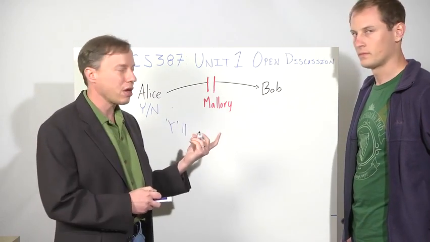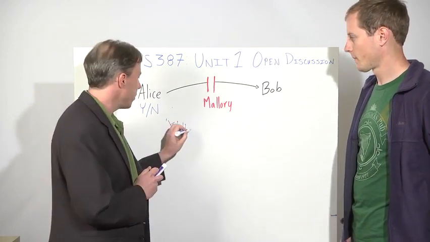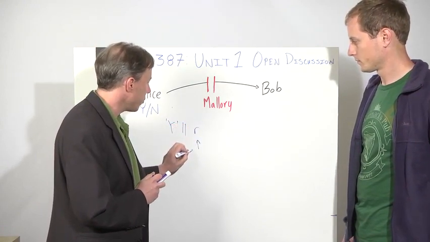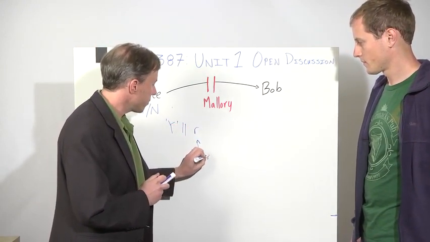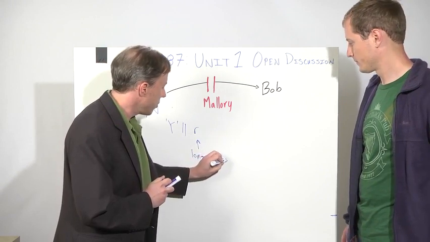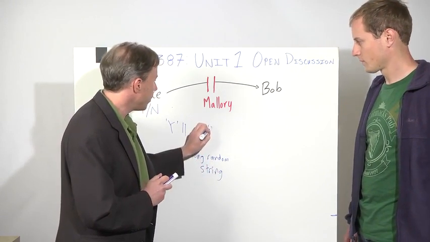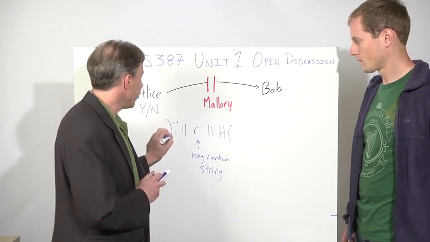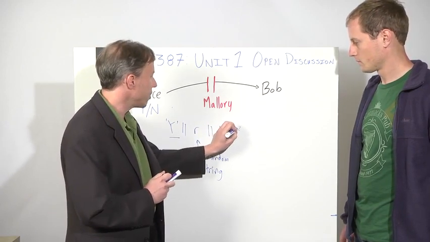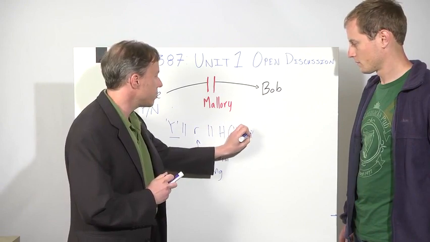You're going to concatenate that with a nonce, which is just some random value. We'll call it R. This is a long random value. And then concatenate that with a hash of the y, whatever the answer was, with the nonce.